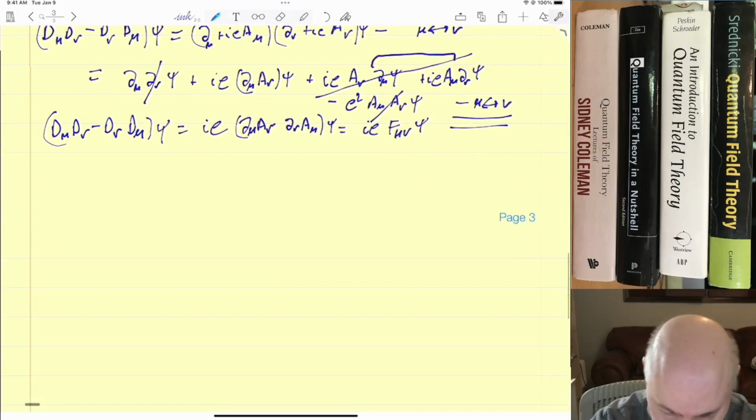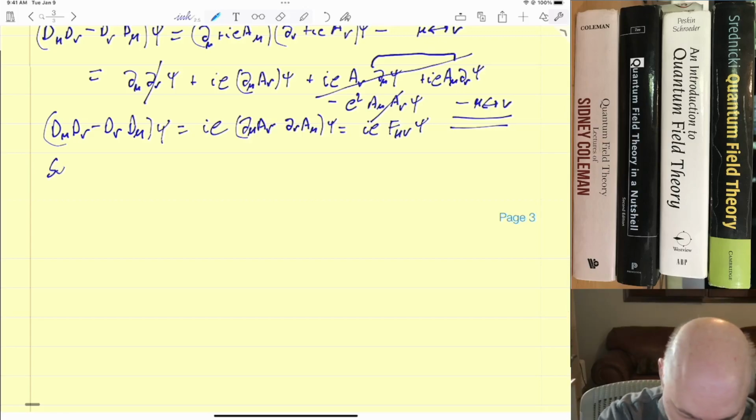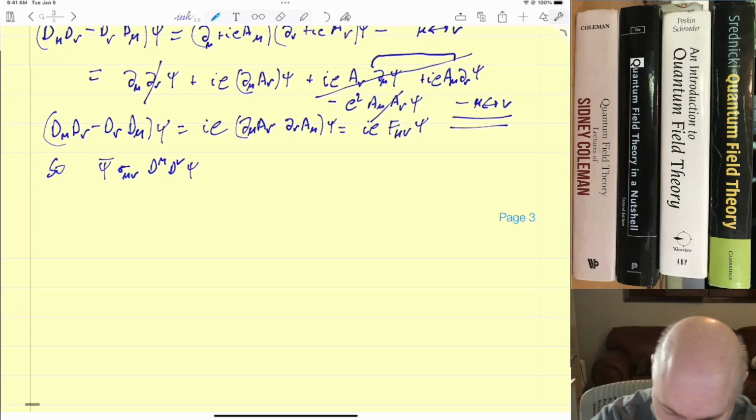So that's great. So basically, psi bar sigma mu nu d mu, d nu psi is going to be proportional to psi bar sigma mu nu psi f mu nu.